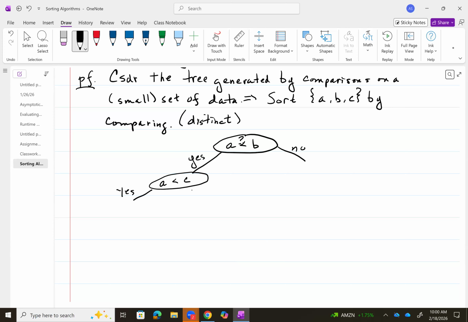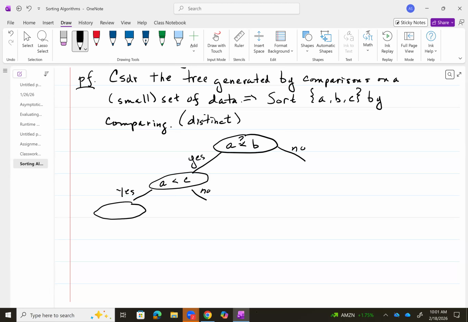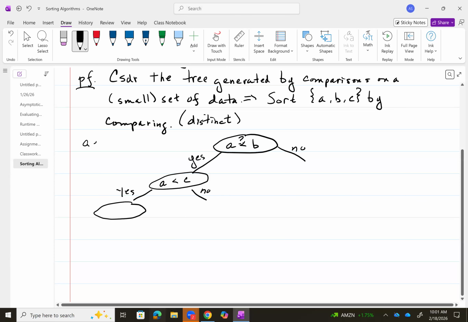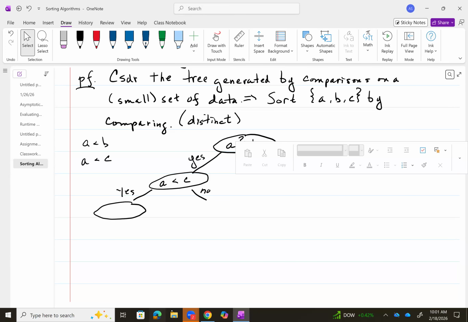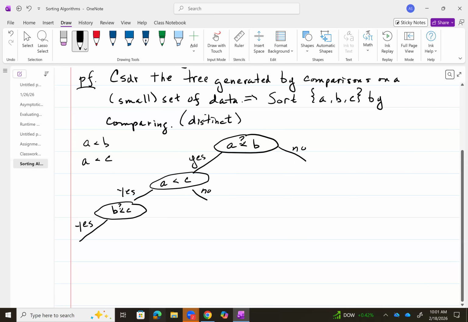Again, it's either yes or it's no. If A is less than C, so now I know A is less than B and A is less than C. Anything else I need to know? Is B less than C? If B is less than C, what can I say?